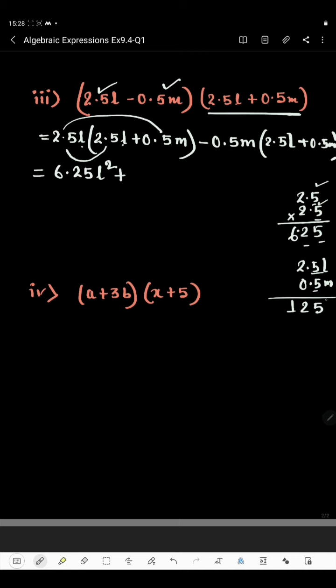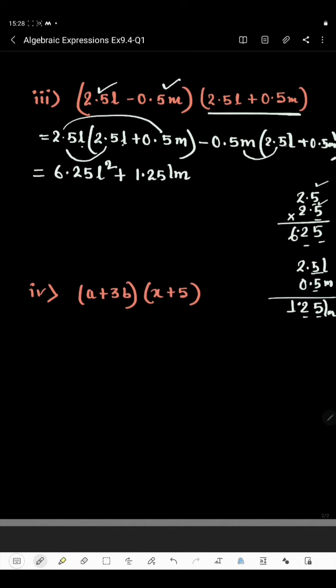From the right side we will count the number of places, so 1, 2. So it will be 1.25 LM. Okay, so we'll write this 1.25 LM.